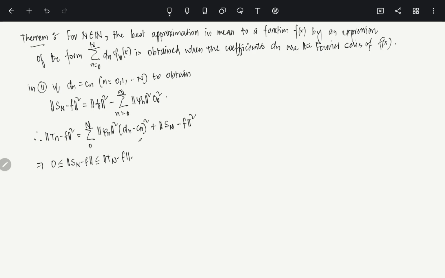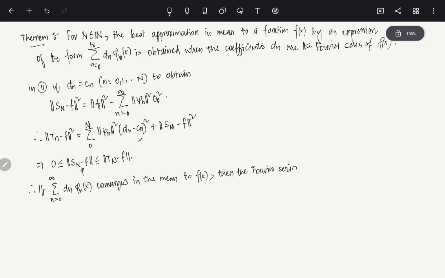Now you see, therefore, if the summation from n equals 0 to infinity of dn phi n of x converges, not uniformly, but in the mean to f of x, then the Fourier series converges, because this is with respect to the Fourier series.